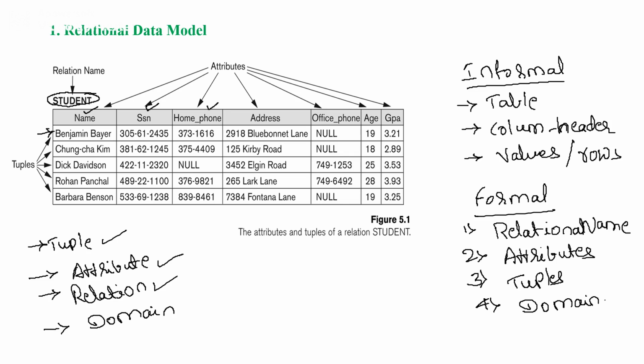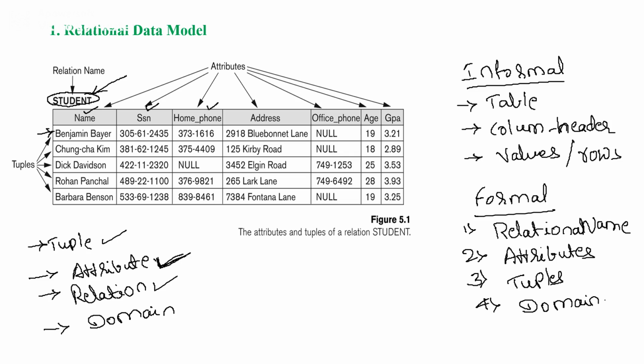Similarly, the attribute which I have told, the attribute is nothing but the description of the table or description of the relation, we are calling it as an attribute. The student will be having a name, a SSN number, an age, an address.